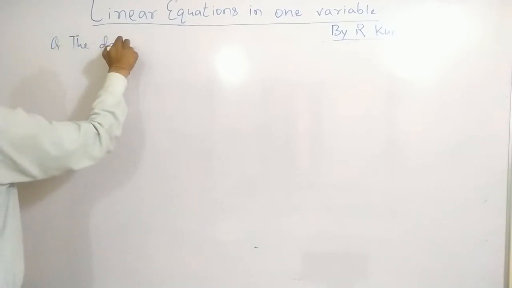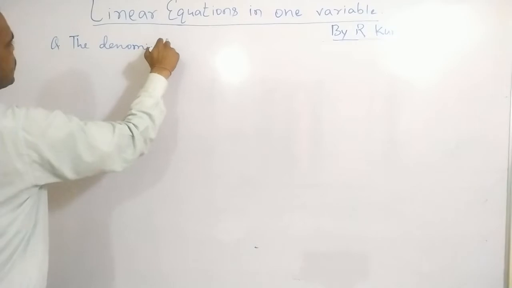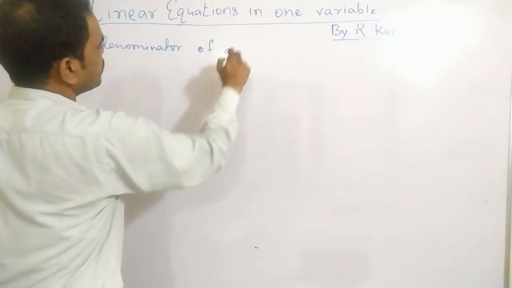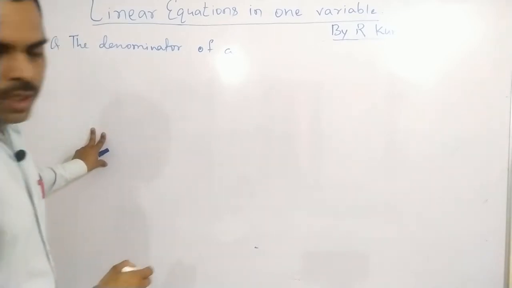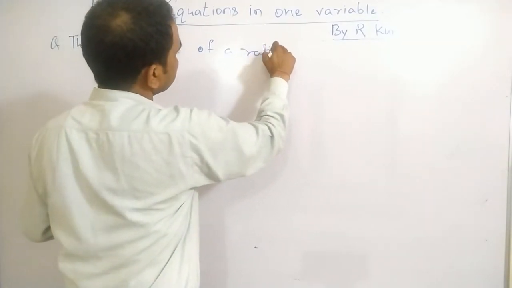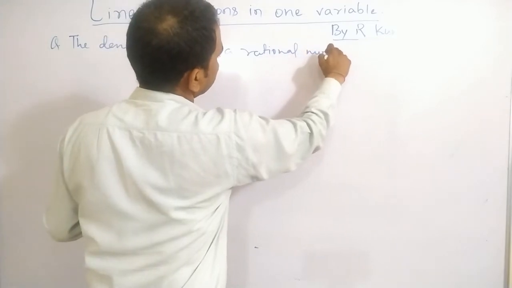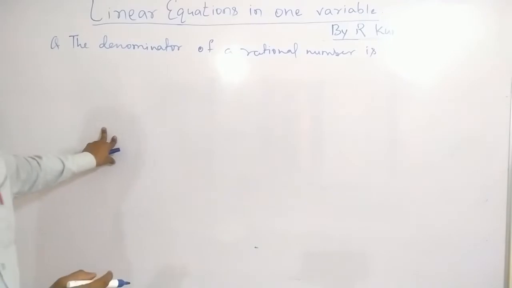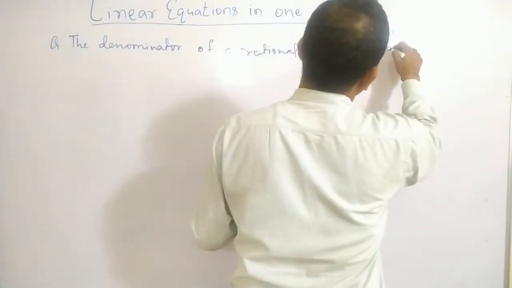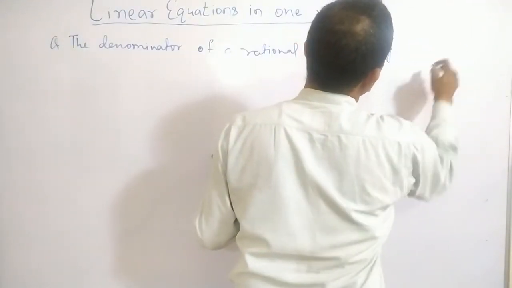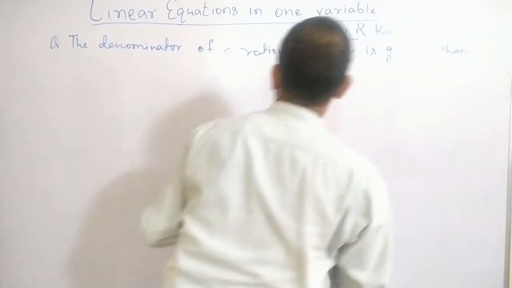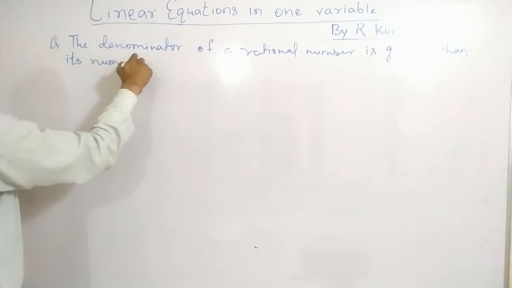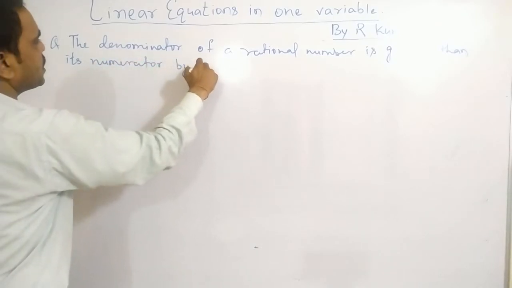The denominator of a rational number is greater than its numerator by 10.